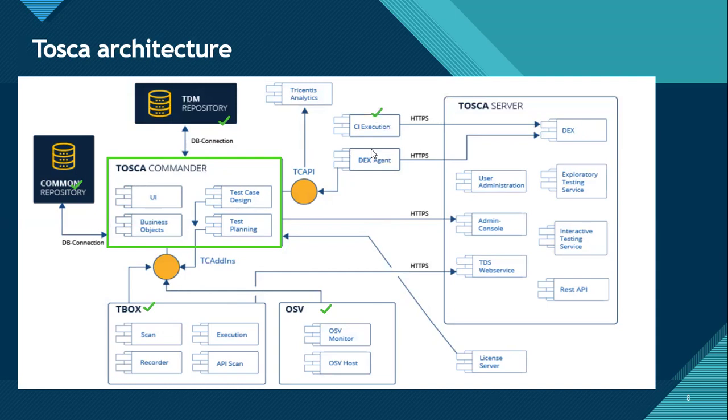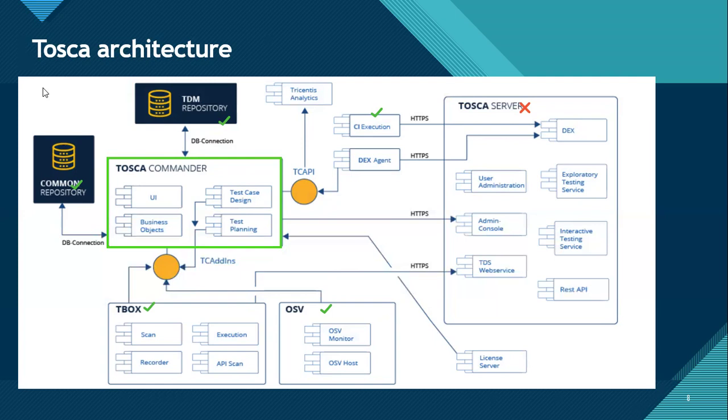But all these features are integrated with Tricentis Tosca Commander only. We do the installation of Tosca Commander, but these are all part of Tosca installation only, except the Tosca server. To work with the Tosca server, we require another setup for that. But as of now, if you use the Tosca Commander installation, the rest of the things are all part of Tosca Commander.